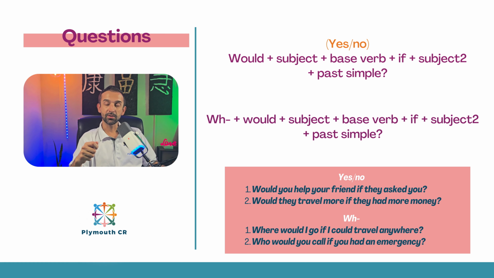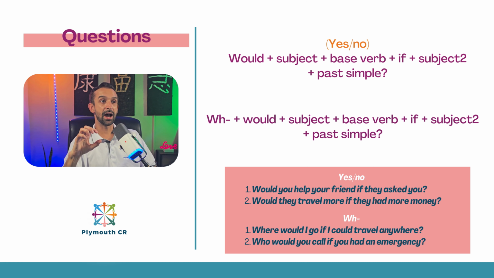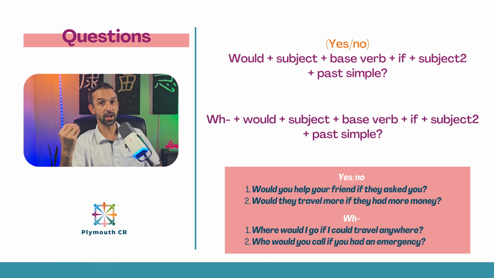But amigo in Spanish, because of the way it works, you will understand that as if it is a girl or boy, it doesn't matter. But in English, we cannot say that. I mean, if you're talking specifically about a girl or boy, then you can use the subject if she asked you or if he asked you, right? But in here it is a general question for any of your friends. So that's why we change it to they, okay?